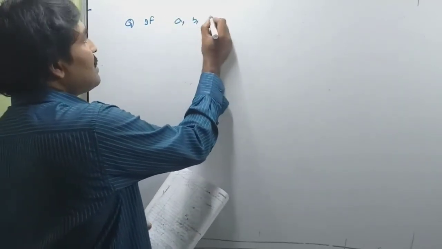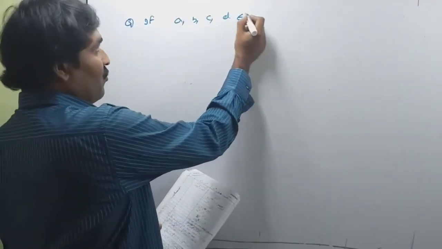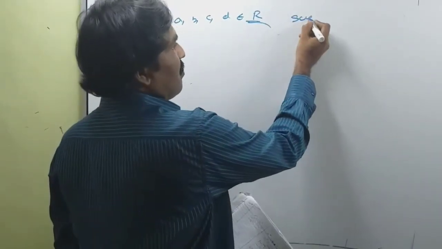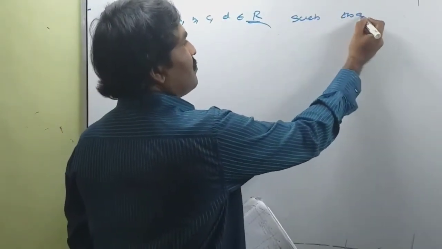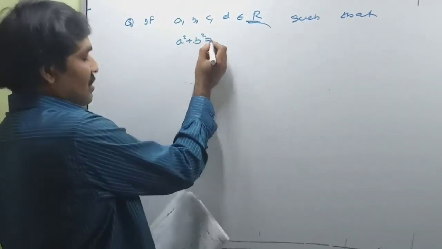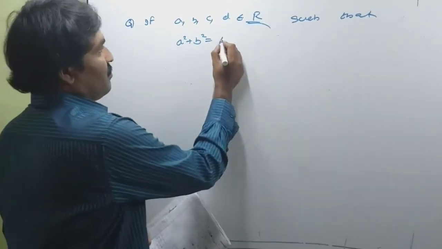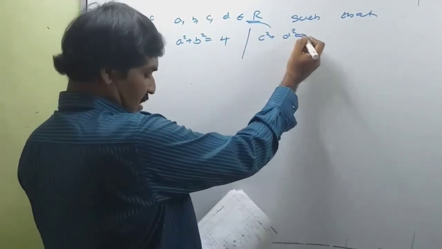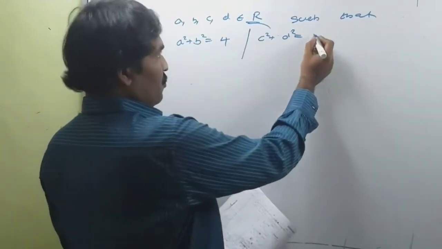A, B, C, D elements of R, real numbers, such that A square plus B square is equal to 4 and C square plus D square is equal to 2.